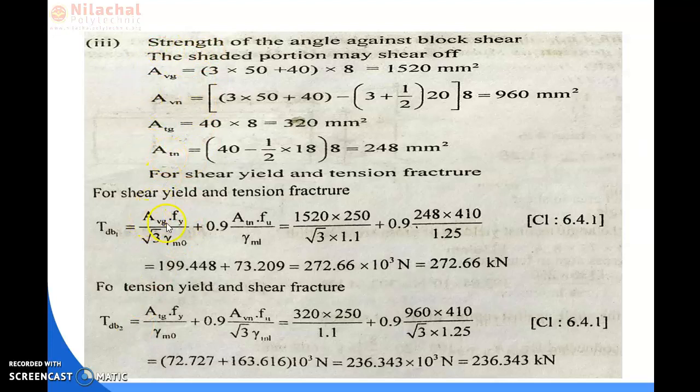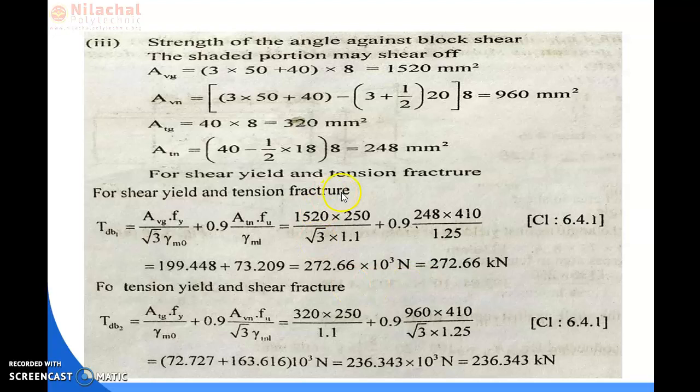So just put the value like 1520 into 250 divided by root 3 into 1.1 plus 0.9 into 248 into 410 divided by 1.25. Hence the value is coming as 272.66 kilonewton, which is the value of TDB1.